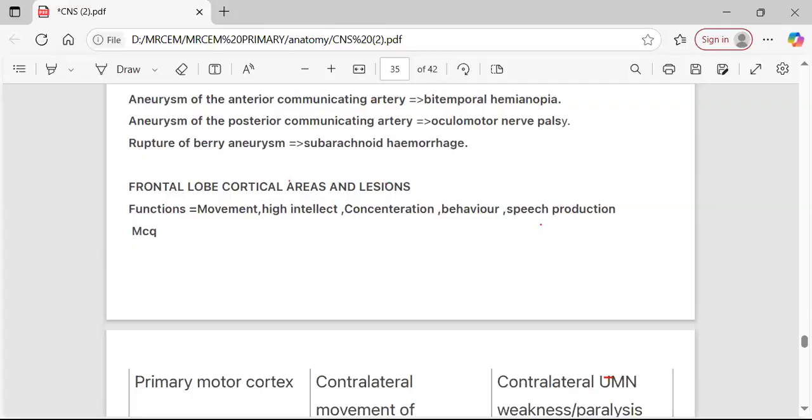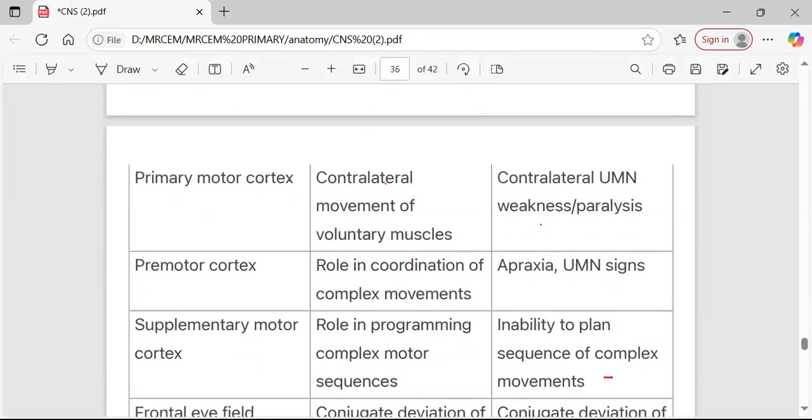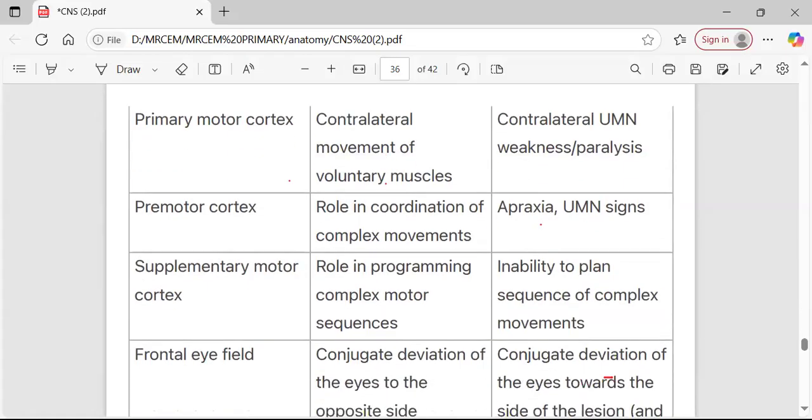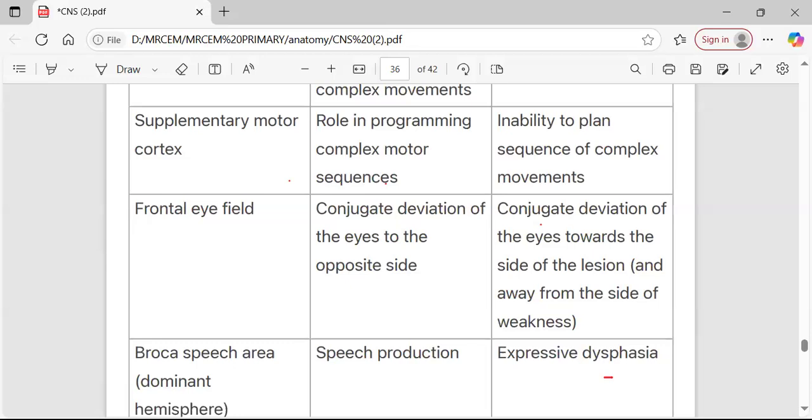Frontal lobe cortical lesion function: it controls movements, high intellect, concentration, behavior, speech. I discussed about it. There is the primary motor, which controls contralateral movement of the voluntary muscles. Premotor plays a role in the coordination of complex movements. If there is an issue, that will cause apraxia. Frontal eye field lesion causes conjugate deviation of the eyes to the opposite side.